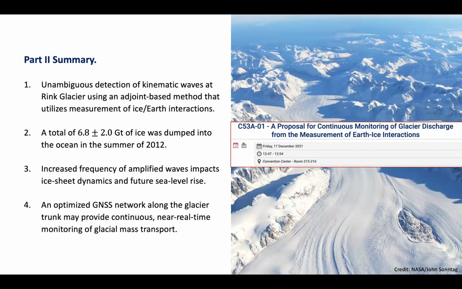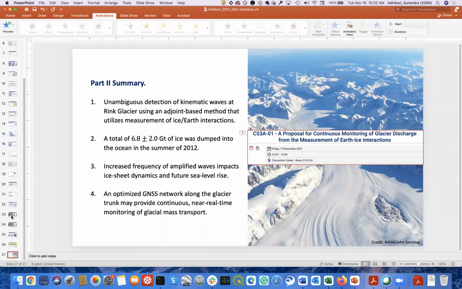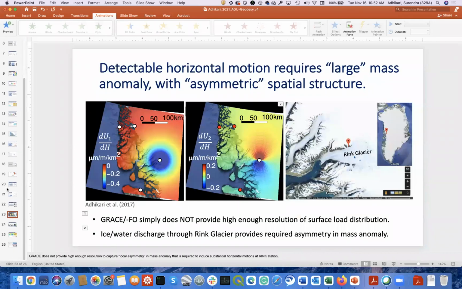Yes, please. I would like also to congratulate Surendra for this very informative and excellent talk. My question is, you showed the spectacular reduction of the misfit between measured and model uplift by taking into account the short-term viscous response.